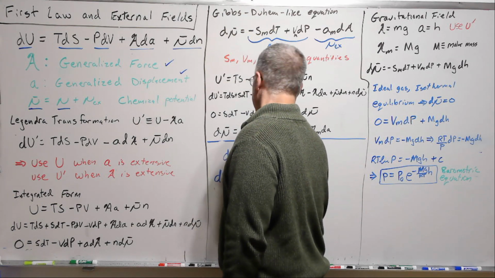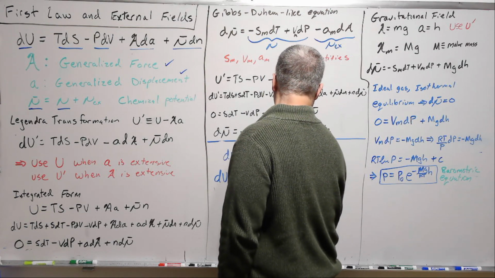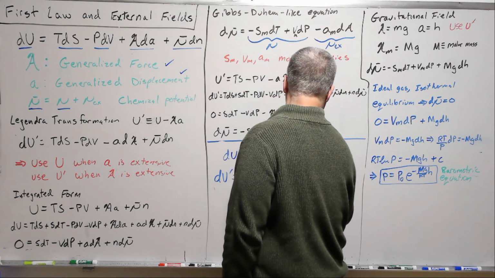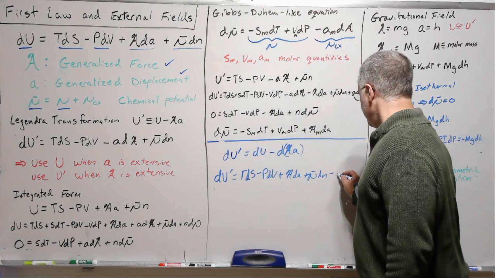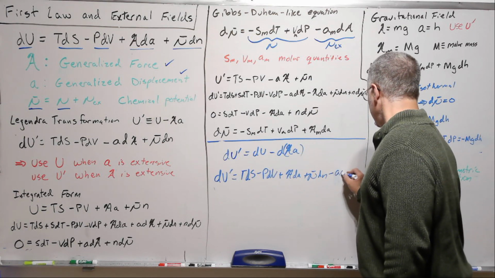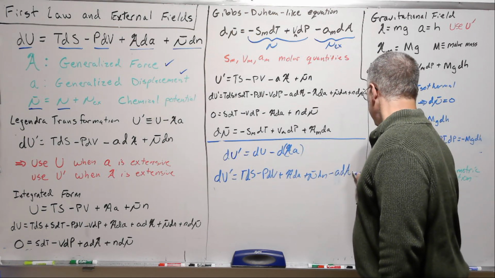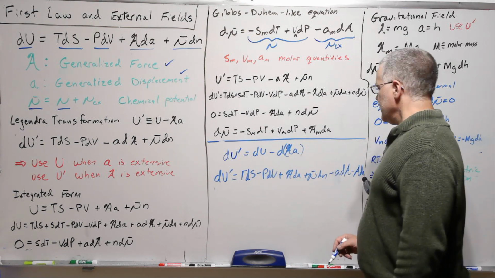So TdS minus pdV plus fancy A d(little a) plus mu bar dN. And then we have to use the product rule here, minus little a d(fancy A) minus fancy A d(little a).